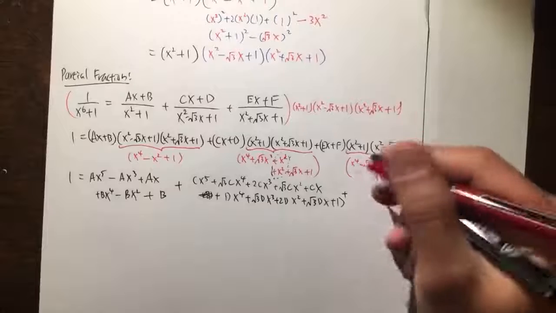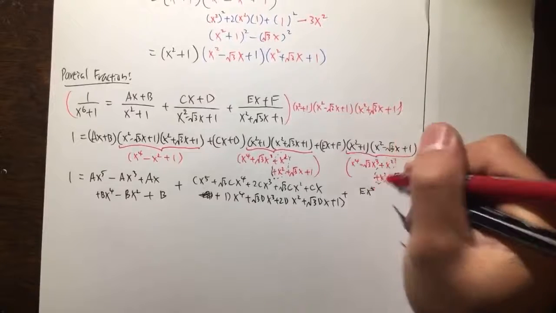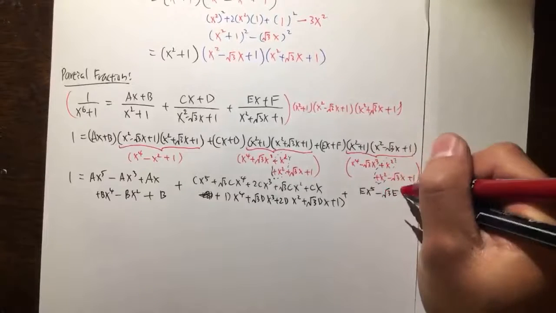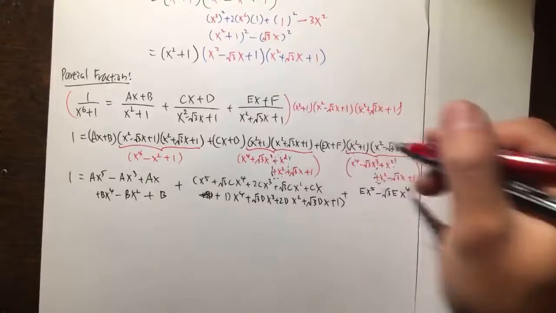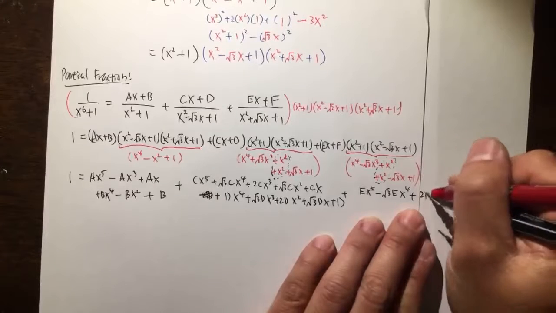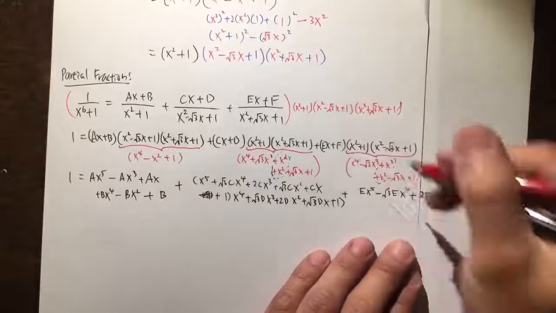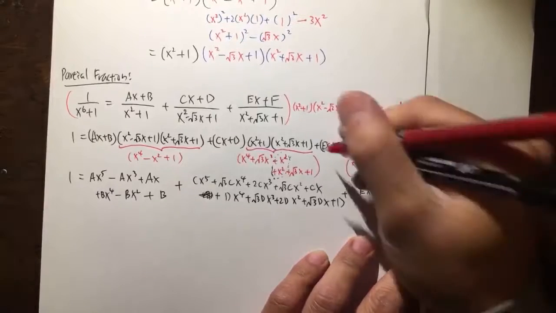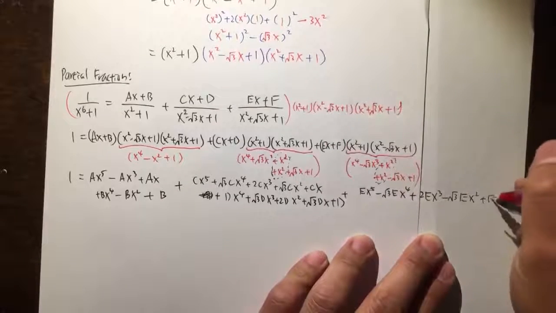Anyway, ex times that is going to be ex to the fifth power, and then ex times that is going to be minus square root of 3 ex to the fourth power, and then ex times this, and you see you have two of them, so it's plus 2 ex to the third power, and then when we have ex times that, it's minus square root of 3 and then that's x times x, which is x squared, and then ex times 1 is plus ex.